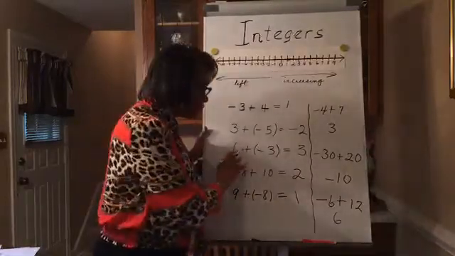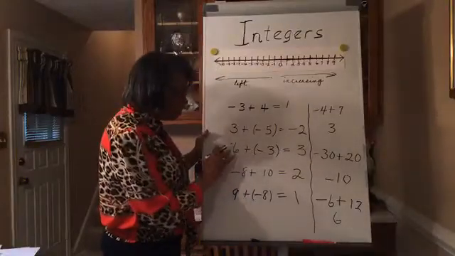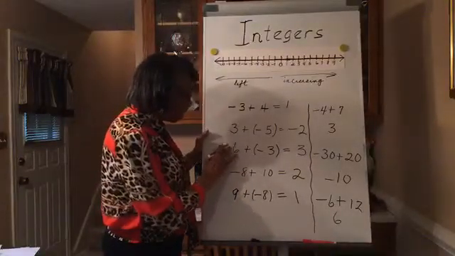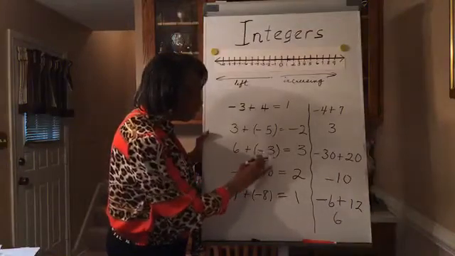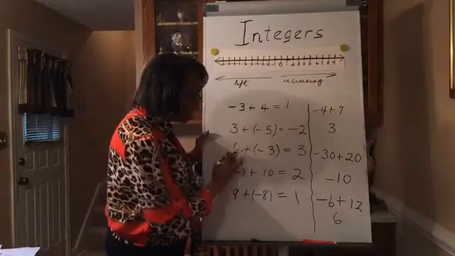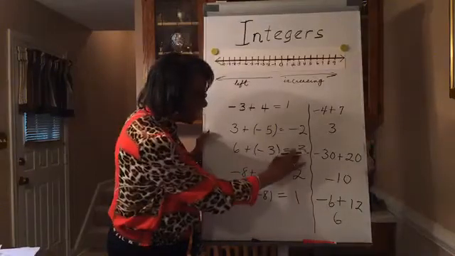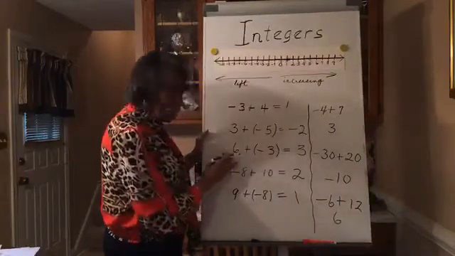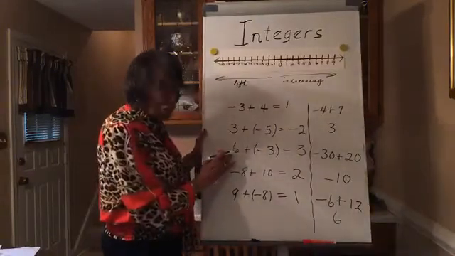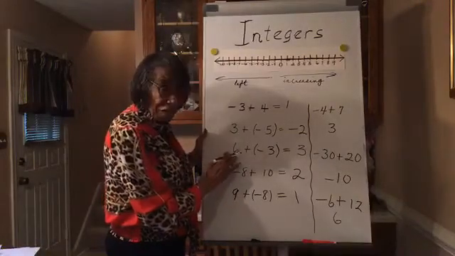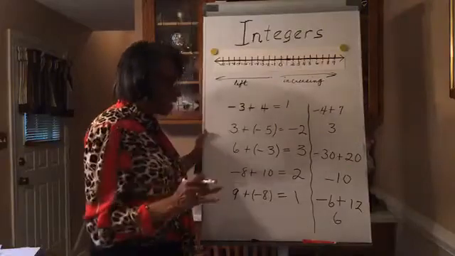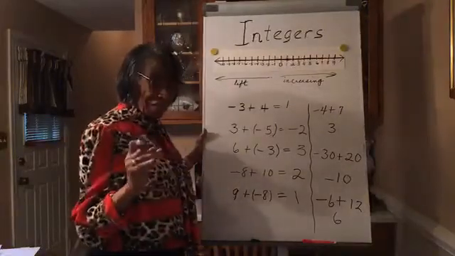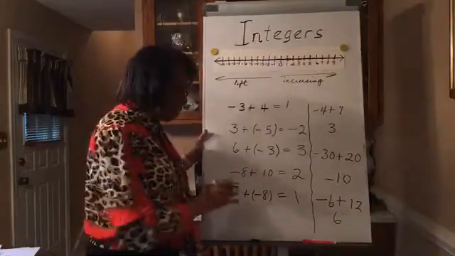So let's see if it works here. The absolute value of 6 is 6, and the absolute value of negative 3 is 3. And 6 minus 3 is 3. It's positive because the larger absolute value is 6, which is positive. All right, let's go through them all because this is something I really want you to get.